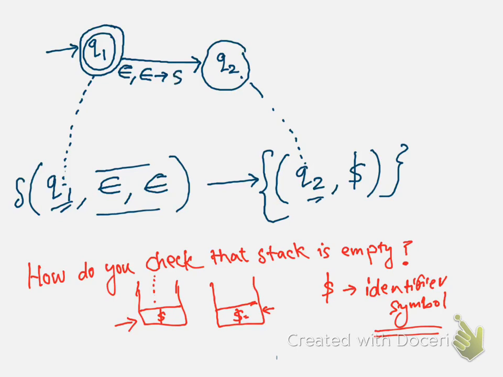I just need to write a dollar here. Whenever you see a transition like this, this is your input alphabet on the read tape, this is your stack top, and this is what you are going to push to the stack.